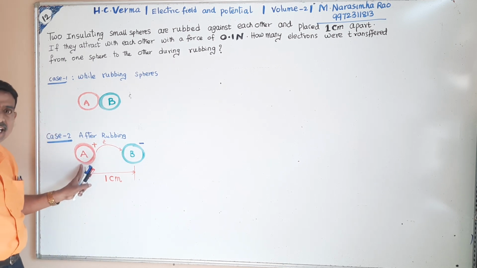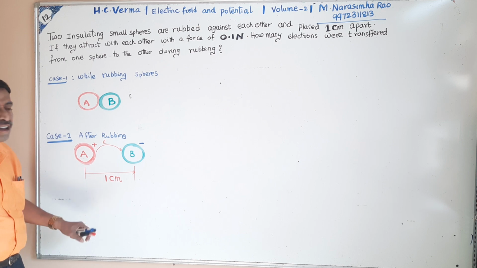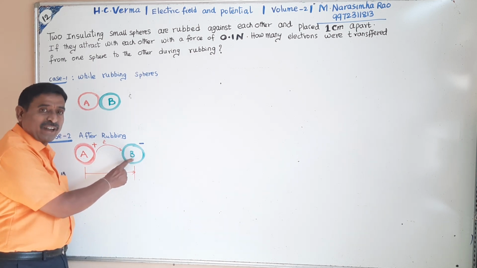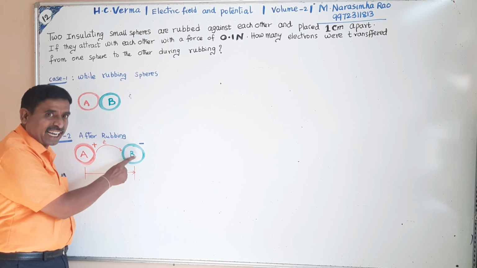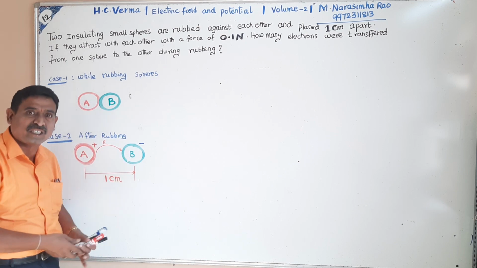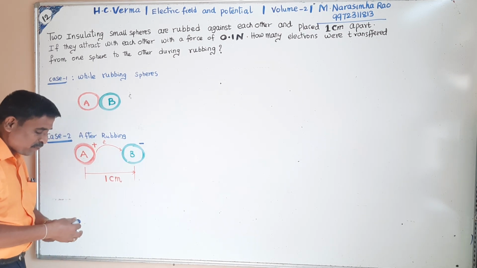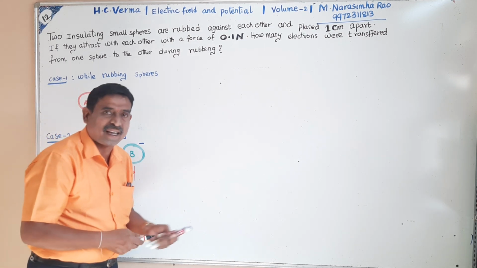This sphere is losing electrons, becoming positive charge. This sphere is gaining the electron, so it now has more electrons. After gaining the electrons, it becomes a negative charge. Now, how many electrons are transferred from one sphere to another sphere?